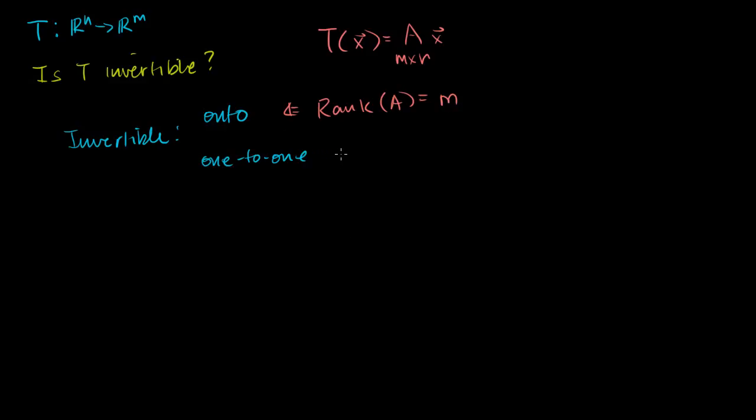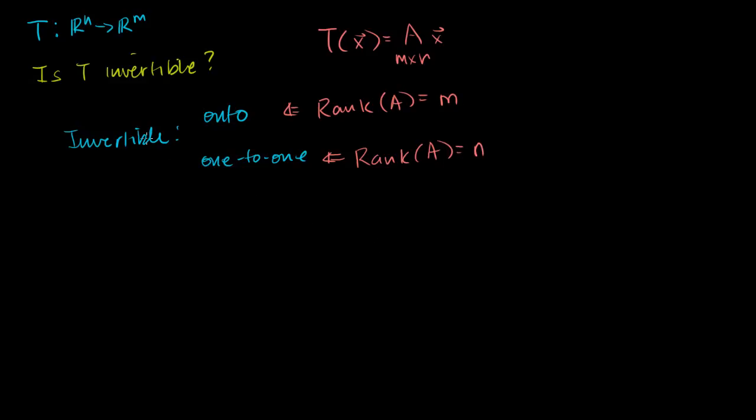And in the last video, I showed that the one-to-one condition is only true if every one of your column vectors is linearly independent, or they all are basis vectors for your column space, or the rank of your matrix has to be equal to n.